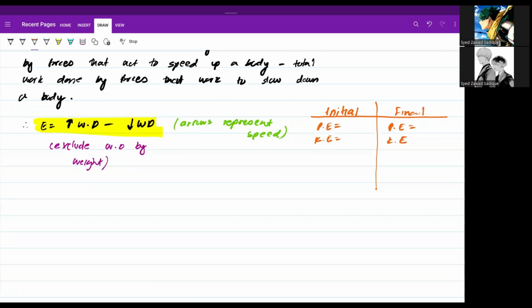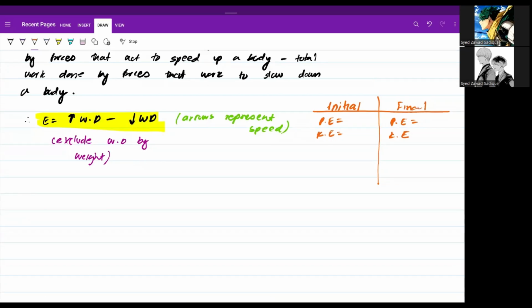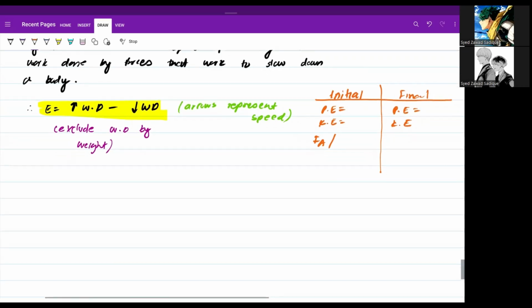If an external force is applied, let's say someone is pulling an object with a rope, then that would be force applied. If it's a car, then the car will have driving force, so you'll write the driving force.